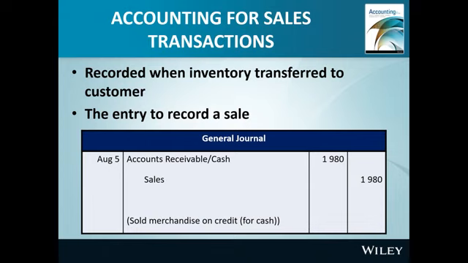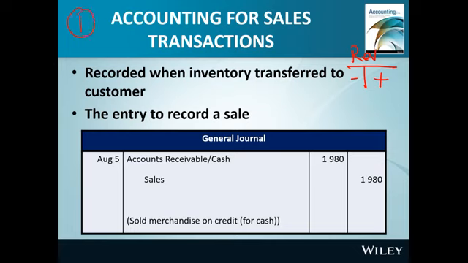Okay. Let us look at how to record sales. Sale is revenue. So for revenue, increase in revenue is credit, reduce in revenue is debit. So how to record sale? This is number one.